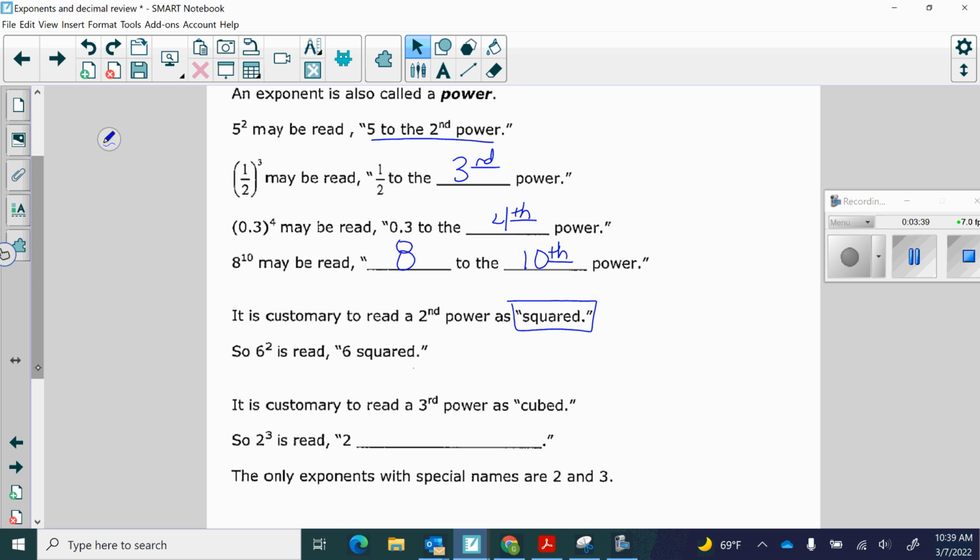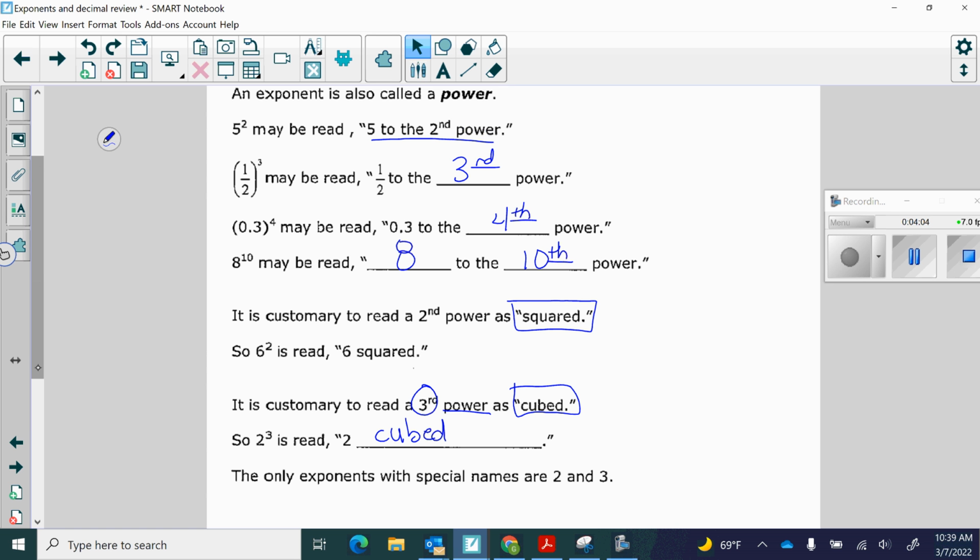And if you have an exponent of 3, or to the third power, it is known as cubed. So if I have 2 with an exponent of 3, you would read it as 2 cubed. And this is every time you see an exponent of 2 and every time you see an exponent of 3. The 2 is squared and the 3 is cubed.